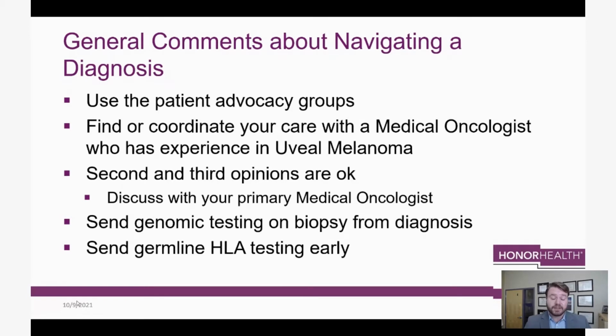And so there's a possibility that the HLA of the tumor isn't that of the person. So we always need to make sure we send germline, even if another test from the tumor is going to report the HLA test, because it affects treatment options, and we don't want to miss it.